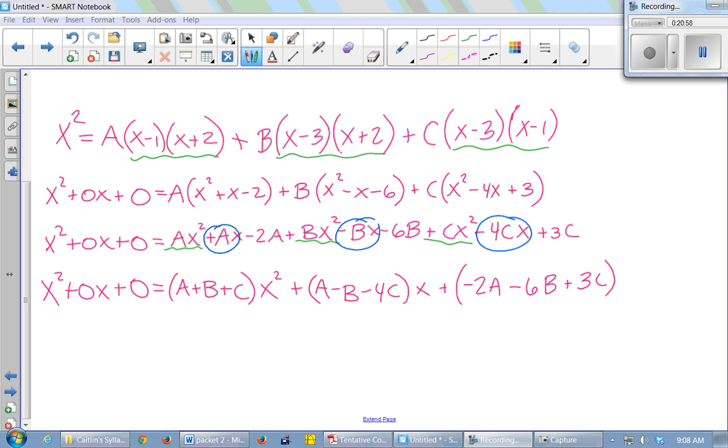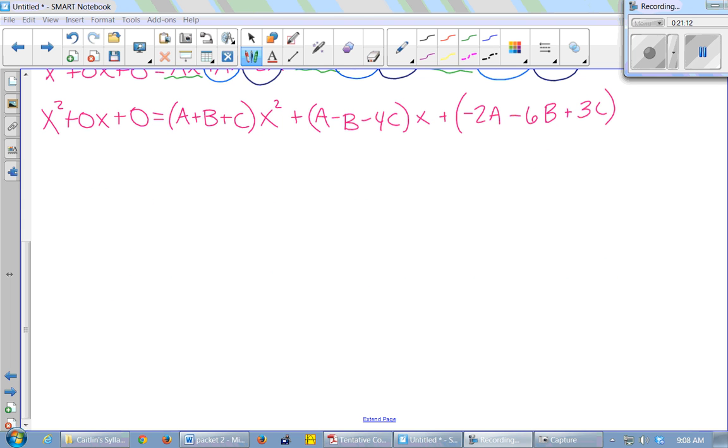And then I collect my constant terms. Minus 2a minus 6b plus 3c. And I just put them all together. That's my constant term. All right, so now I'm going to equate coefficients. So on the left, my coefficients are 1, 0, and 0. 1x squared, 0x plus 0.